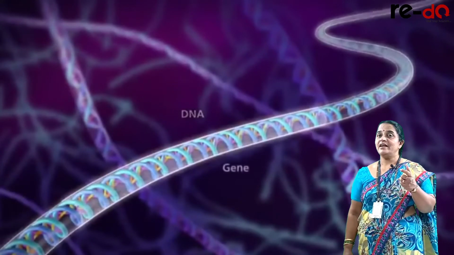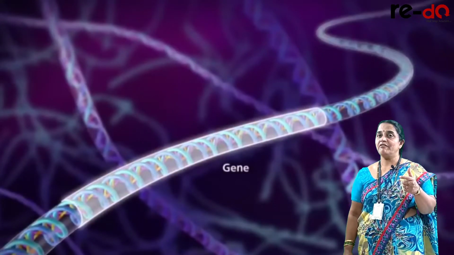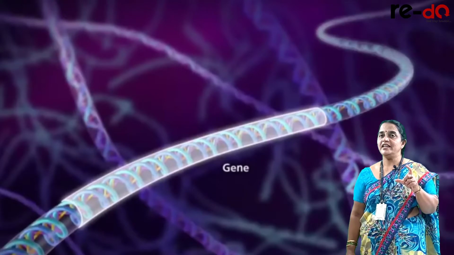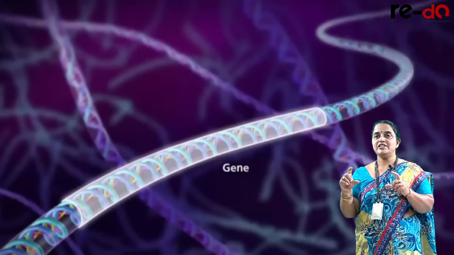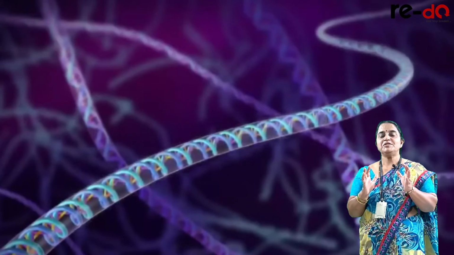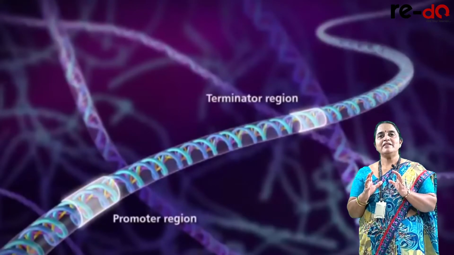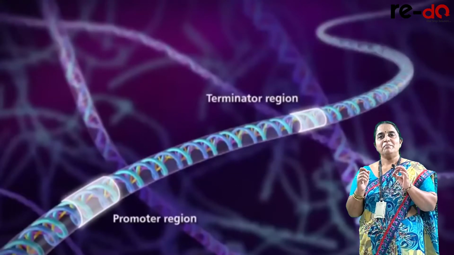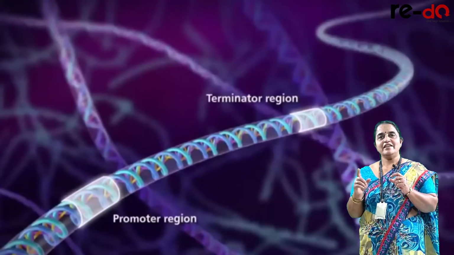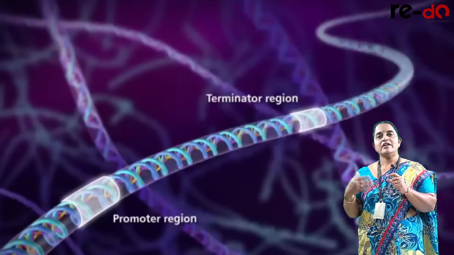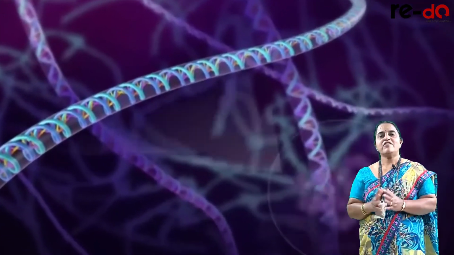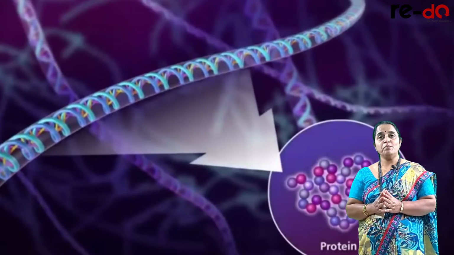RNA polymerase, with initiation by sigma factor, unwinds the DNA of the transcription region. A transcription complex is ready now. As RNA polymerase with sigma factor moves ahead, the promoter region is recognizing the area for transcription. Now the structural genes are open.